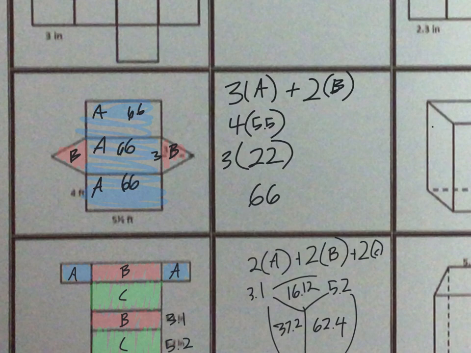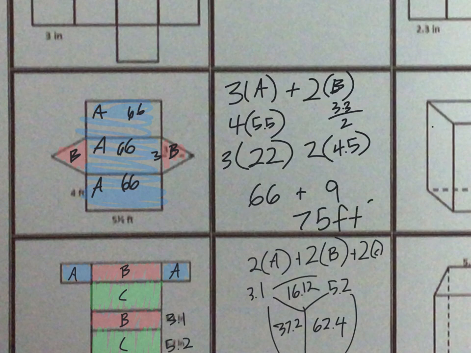Okay, for the B's, now we're going to be using 3 and 3. So 3 times 3, that is 9 divided by 2. So we're going to go 9 divided by 2, we get 4.5, and we're going to times that by 2, and it gives us 9. So 66 plus 9 is 75 feet squared.